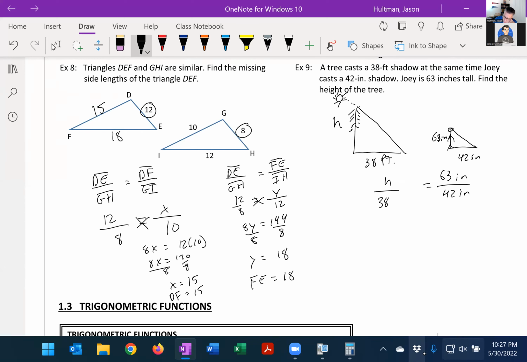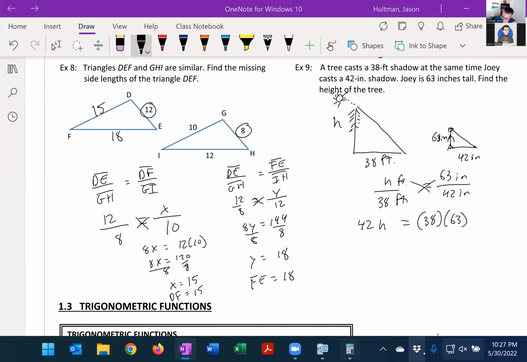So H to 38 is 63 to 42. H feet to 38 feet. And again, the units cancel out, which is nice. So I can use this proportion. I am going to cross multiply. And so I get H times 42, or 42H, is equal to 38 times 63.